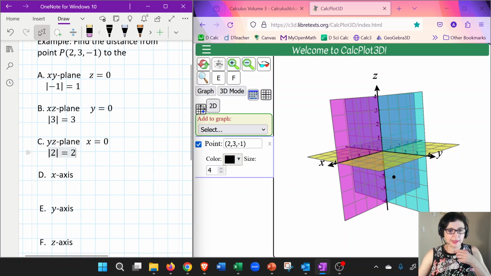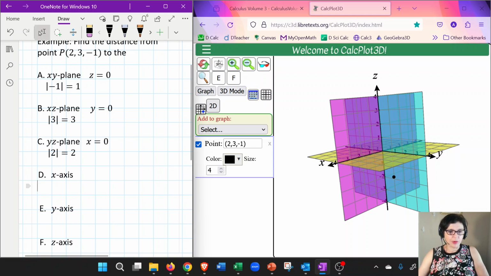Okay, now the x-axis, y-axis, and z-axis are a little bit more tricky. What you need to do is take your point 2, 3, -1 and find the projection of that point to the x-axis. In other words, find the point on the x-axis that is as close as possible to the point 2, 3, -1.